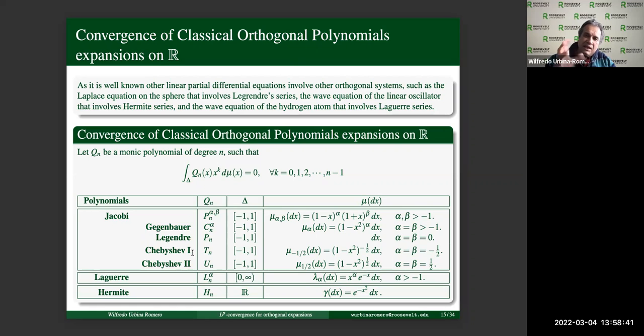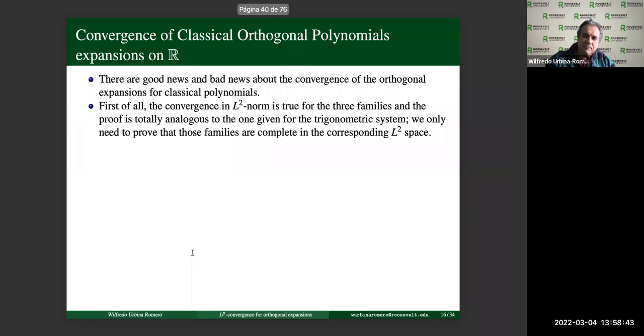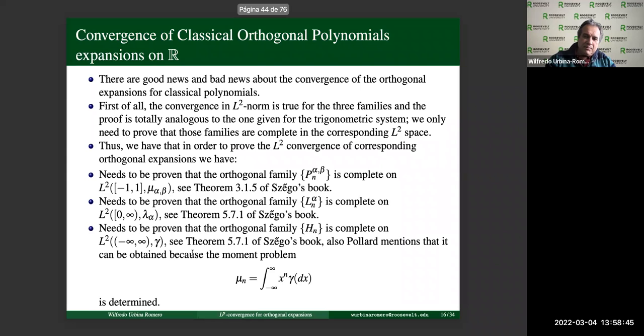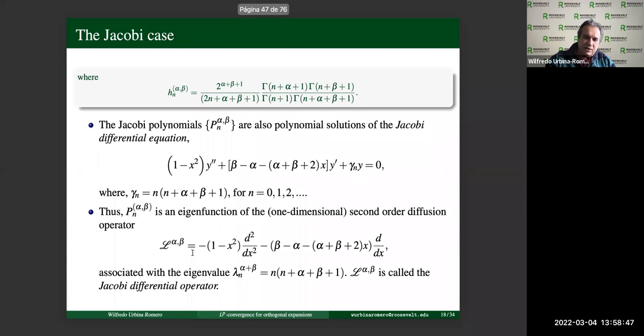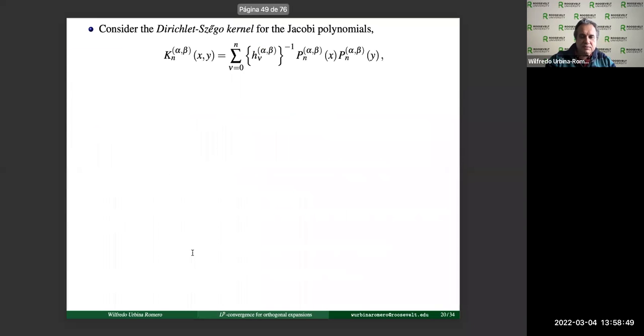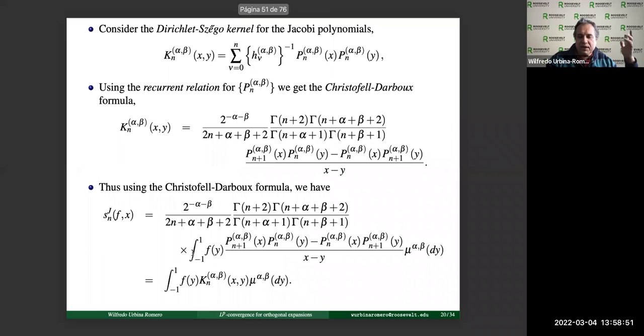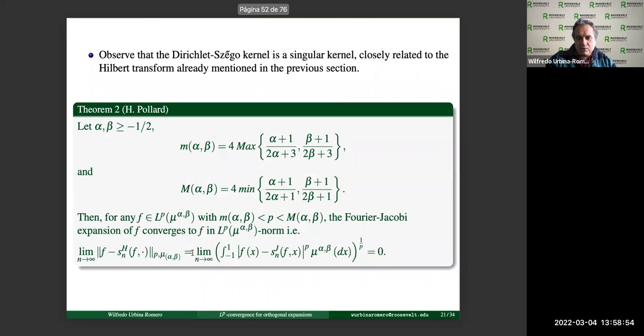So in a sense, the Polar theorem includes not all but part of the Fourier analysis because it includes the cosine series.